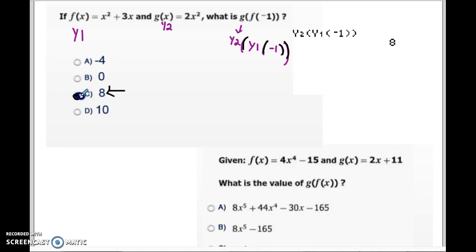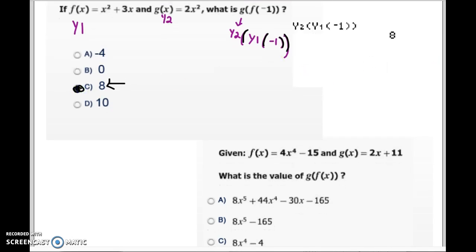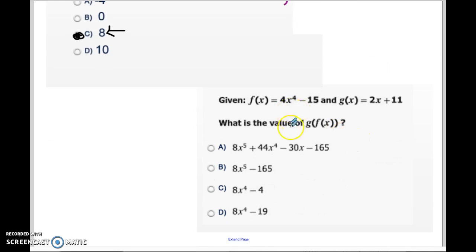All right, now a little bit more complicated, but I think still worth saying to help you out. If I need to do g of f of x, we know that means we're going to take this function f and plug it into g. So I'm going to do 2 times (4x to the 4th minus 15) plus 11.